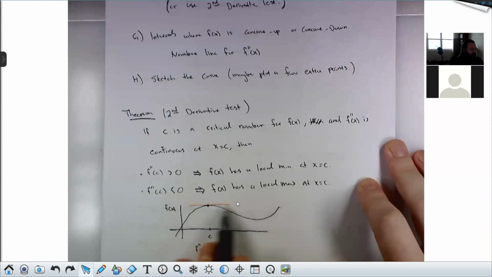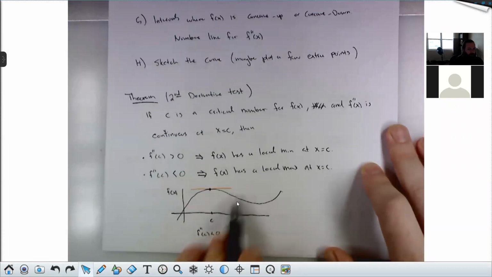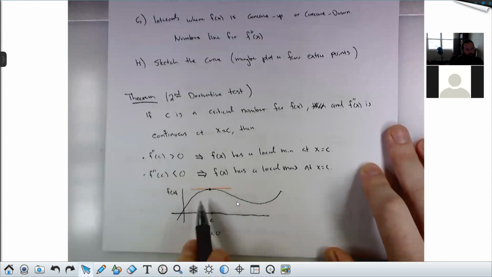So if you have a horizontal tangent line at some number, and your second derivative is negative there, that means that you must have been concave down, which means your graph had to have been shaped like this when you had your horizontal tangent line. And that means that that has to be a local max.